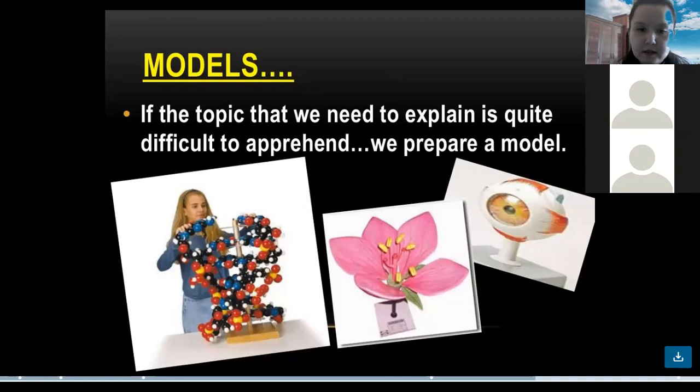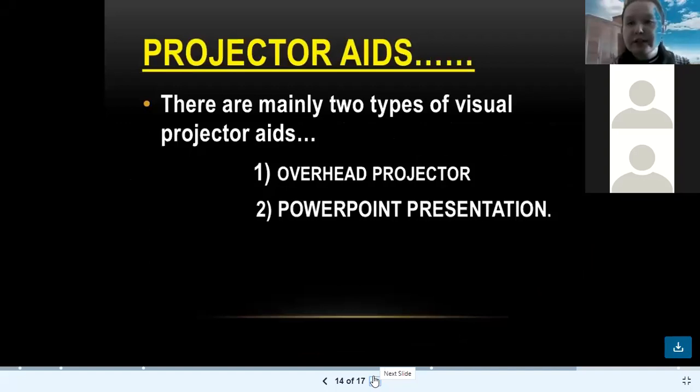So the next one is about projector aids. What is projector aid? What is projector? We use it in our lectures, for example. Okay.